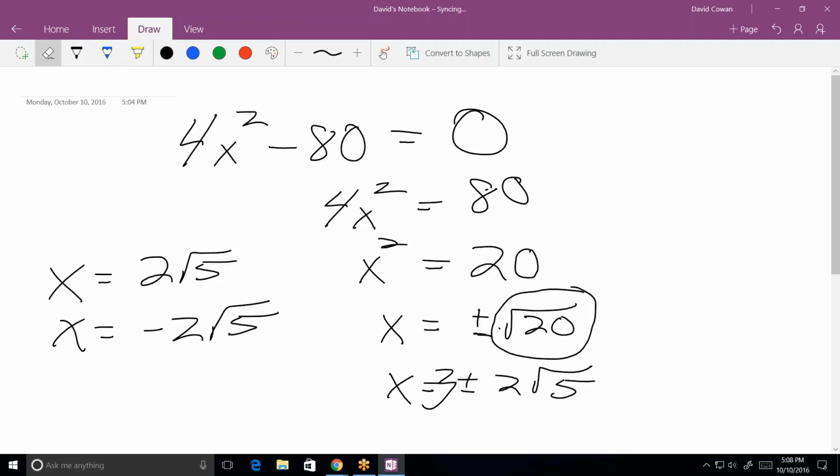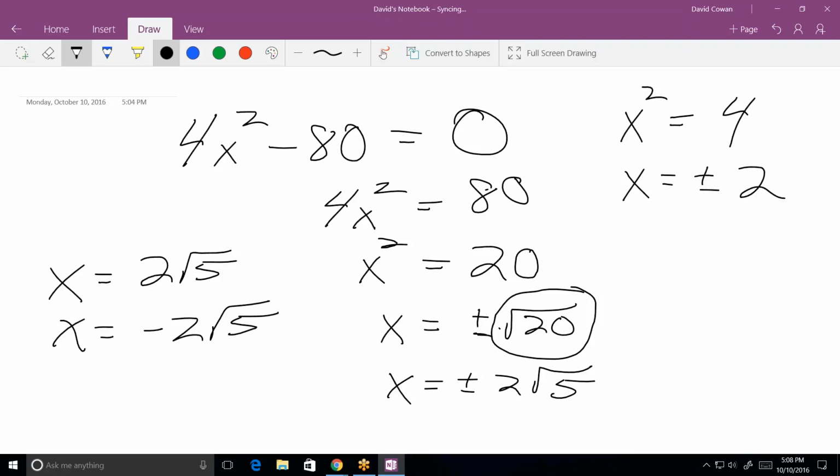Why is there always 2? Or why is there a positive 1 and a negative 1? Well, because when you take the square root, if I give you an equation like this and I say solve it, when you take the square root of a number, the answer is actually plus or minus 2.